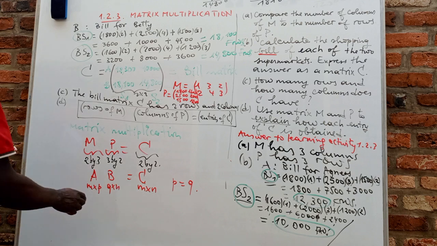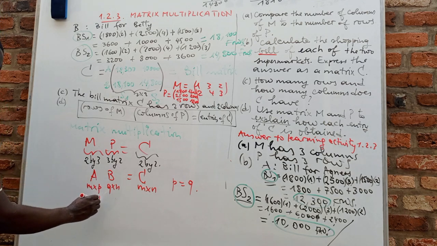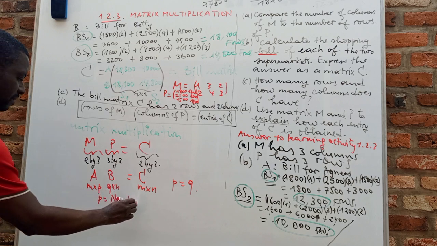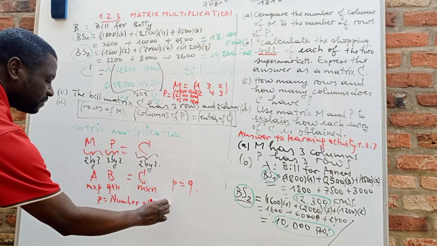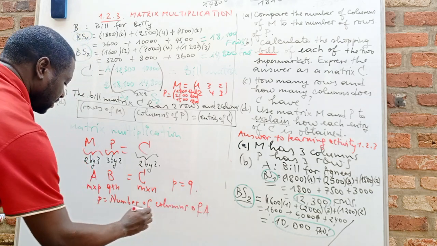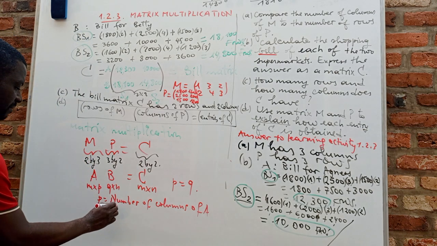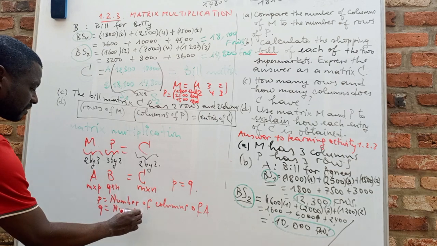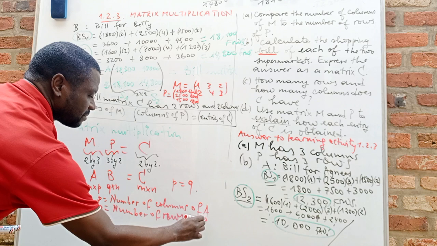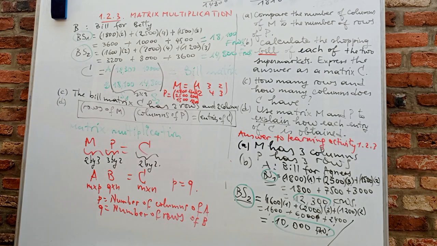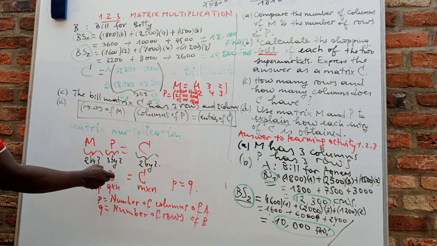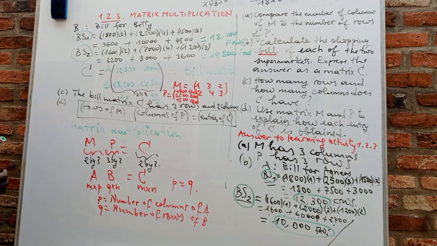It is possible when the number of columns of the first matrix equals the number of rows of the second matrix. This multiplication is then conformable, and the product AB produces a third matrix C.